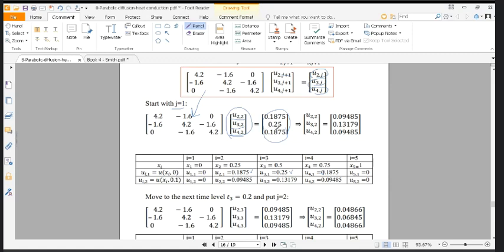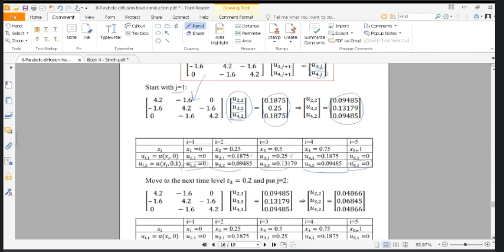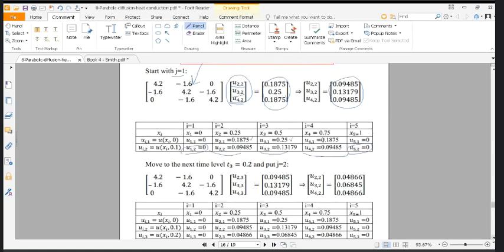Okay, and we put these values in the table. u1,2 is boundary, it is 0, and u5,2 is 0, boundary. These three values are placed for the interior points 2,2, 3,2, and finally 4,2. And then we have the values at the time level t2, which is 0.1.